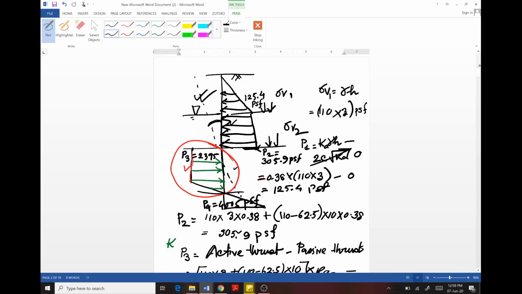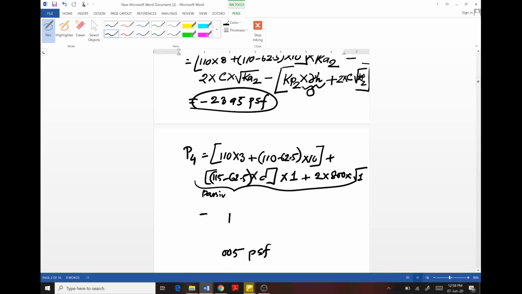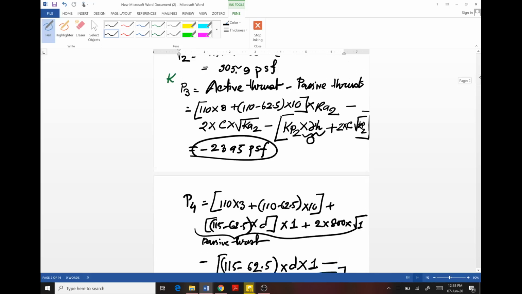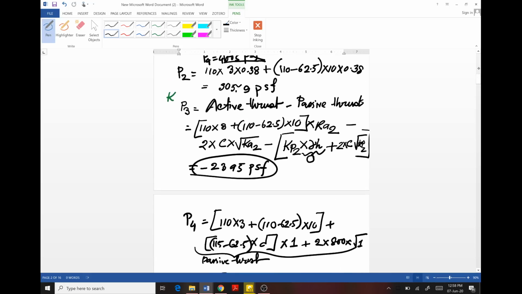So why does it happen? Because you can see it in this equation of P3, the active thrust minus passive thrust. For passive thrust, only C is there.